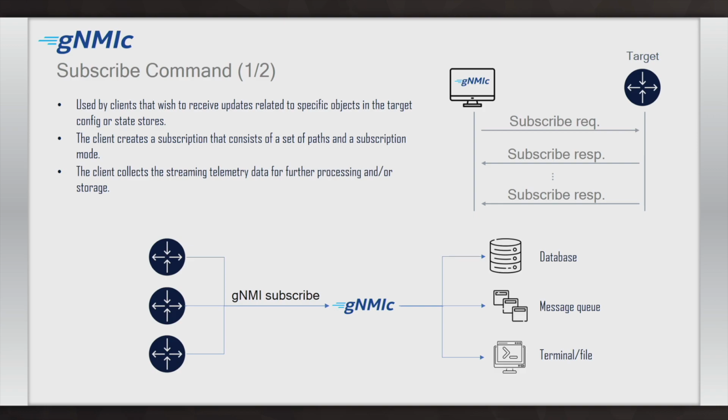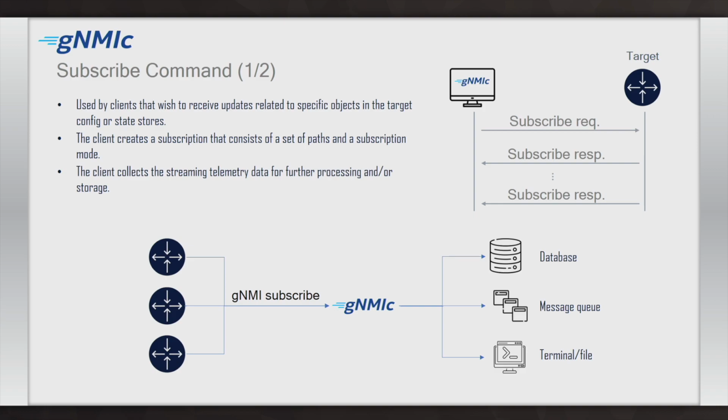Now the subscribe command. Like I said at the beginning, it's subscribing to the router's objects that you're interested in, either periodically or on change. gNMIc will get all those notifications, process them if there are processors defined, and it can write them to multiple outputs. Outputs generally fall into 3 different categories.